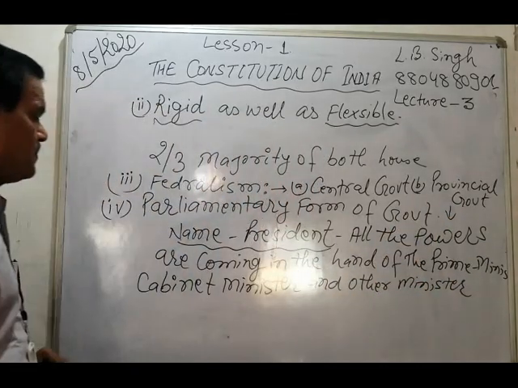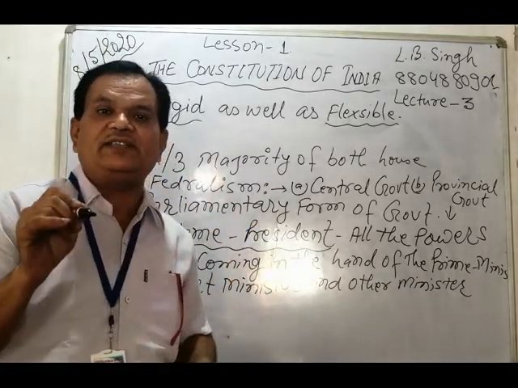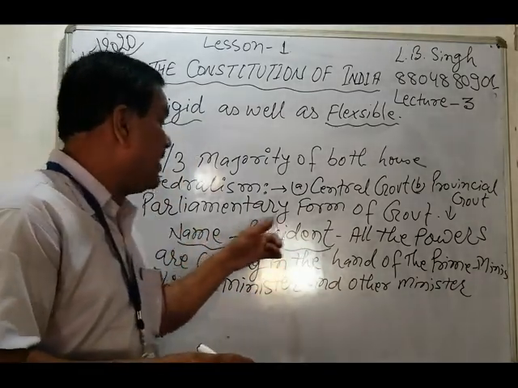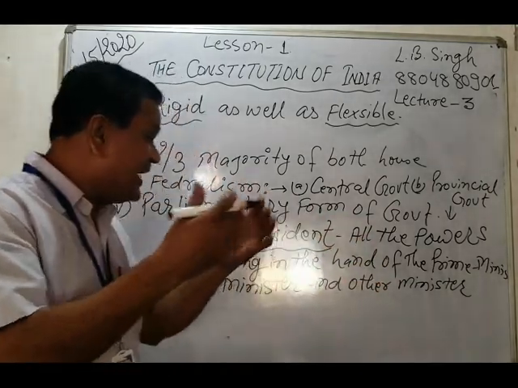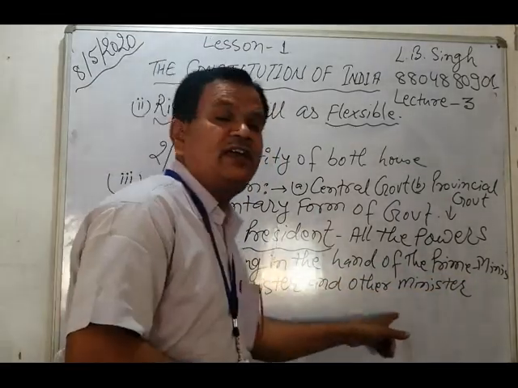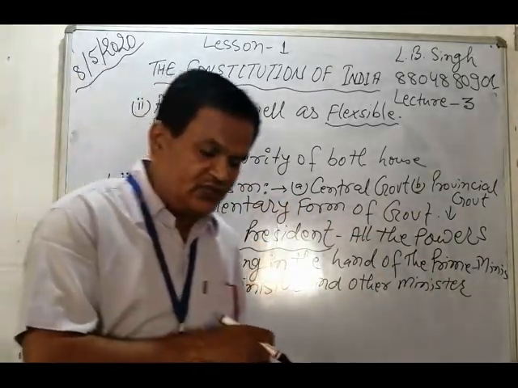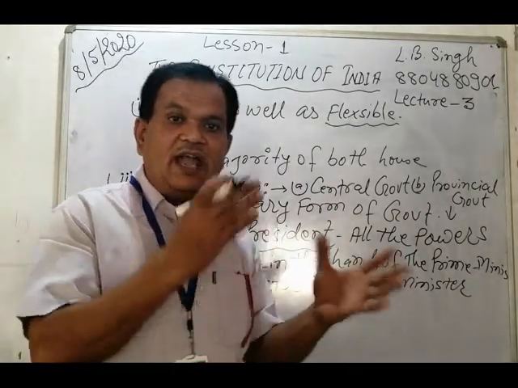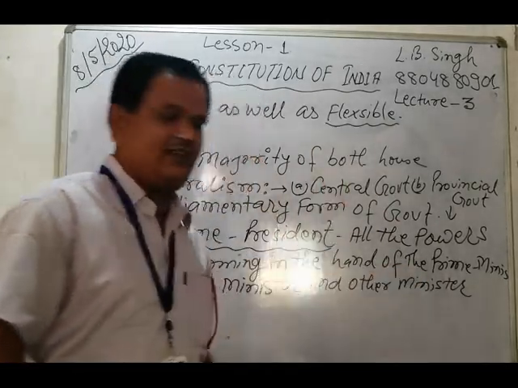You know this thing, any bill will pass when finally signed by the President of India. That's why it is called the parliamentary form of government, but power goes in the hand of the Prime Minister, Cabinet Minister and other ministers. Any rules and regulations are passed by parliament, and in parliament the boss is the Prime Minister.